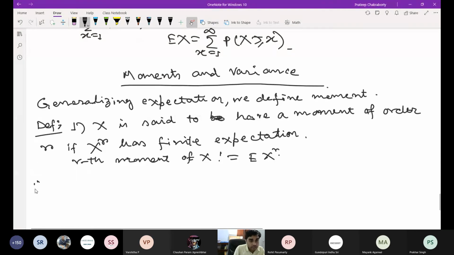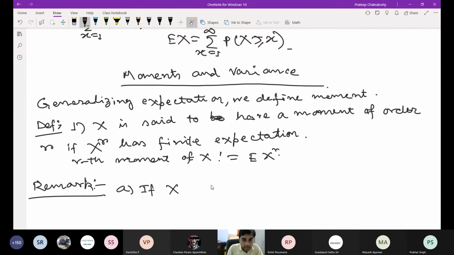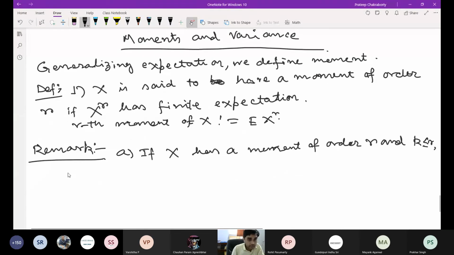Okay, one remark which is really essential here. If x has a moment of order r, and k is less than or equal to r, then x has a moment of order k.